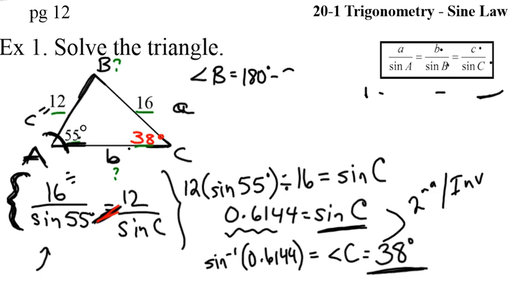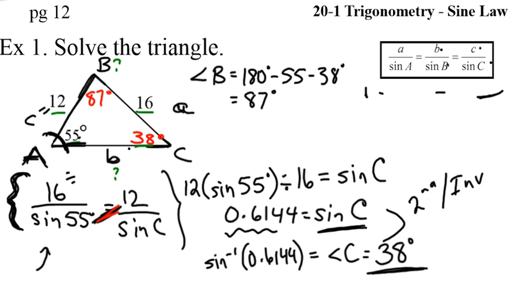Take away the two angles that you know, and that leaves us with angle B at a size of 87 degrees. So there we now have 87 degrees.